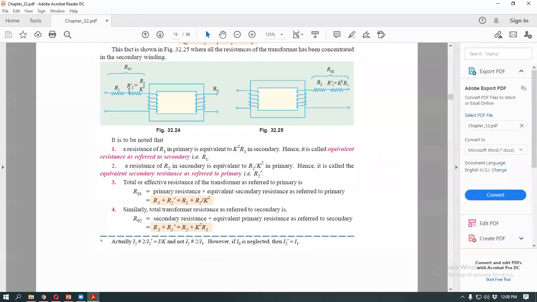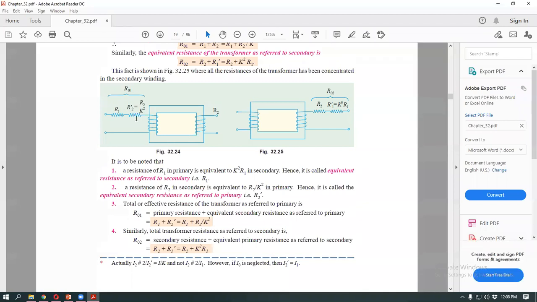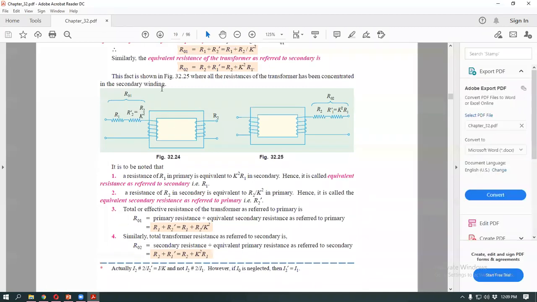This is your question, okay? This is the equivalent resistance of the transformer. Referred to secondary, this is the secondary, and referred to primary, this is the primary, okay? And this we are using A, and this is using K, and we are using RE single prime, but these are using R01.